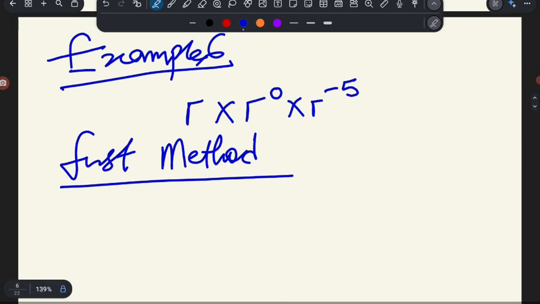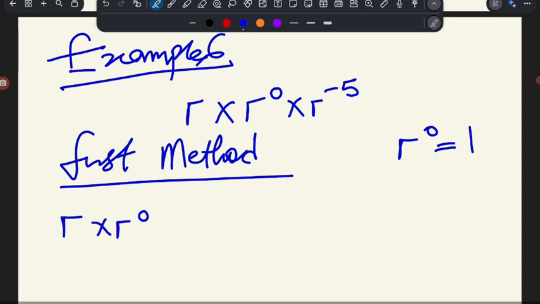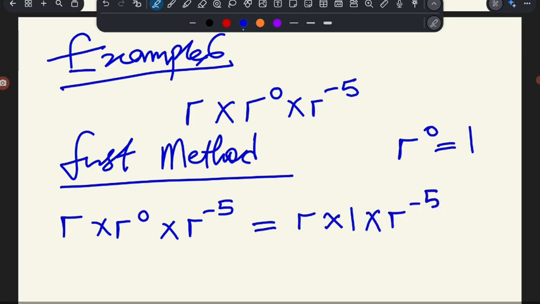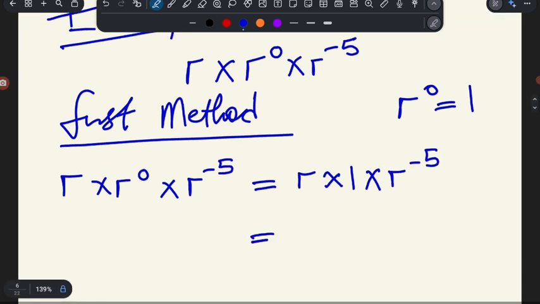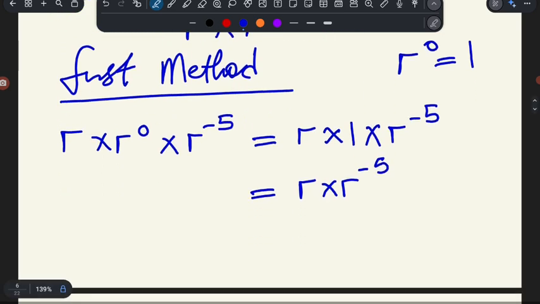In the first method, I would decide to say that r raised to the power 0 is equal to 1. So for r times r raised to the power 0 times r raised to the power minus 5, if r raised to the power 0, according to my first method, is 1, I will say that r times 1 times r raised to the power minus 5, which is r times r raised to the power minus 5.